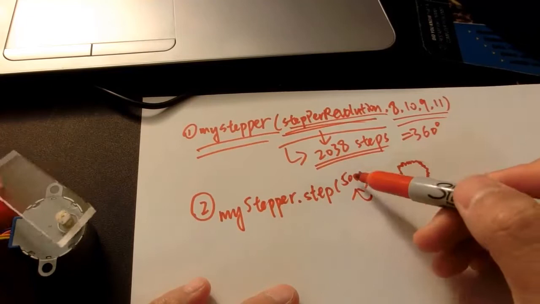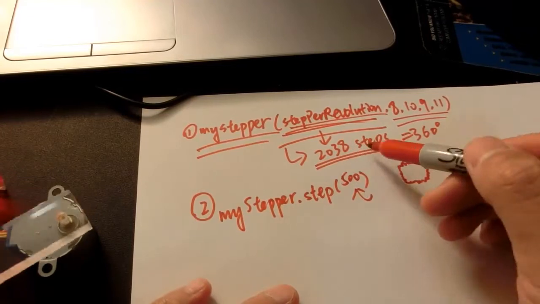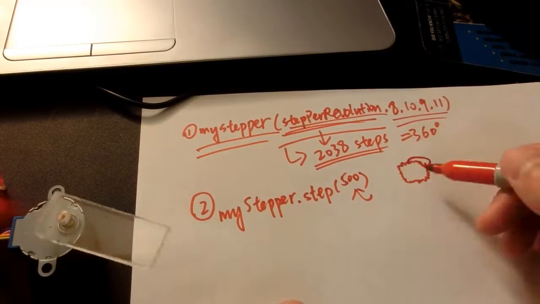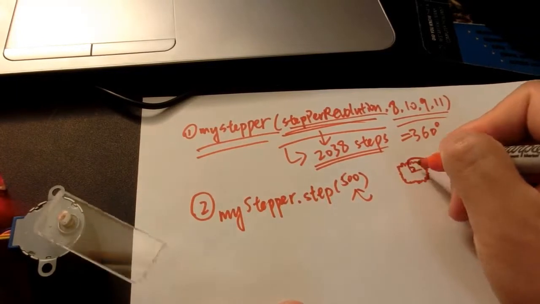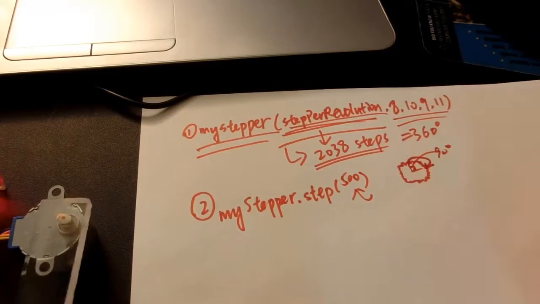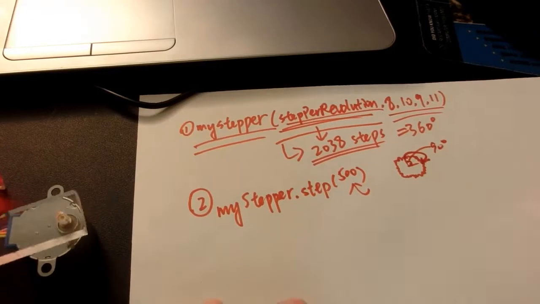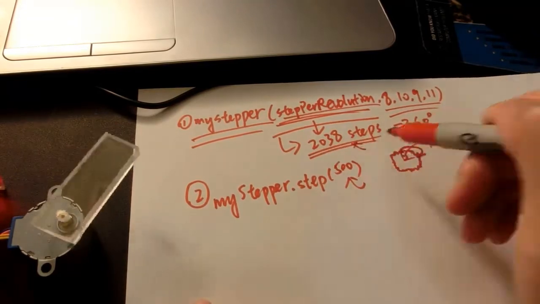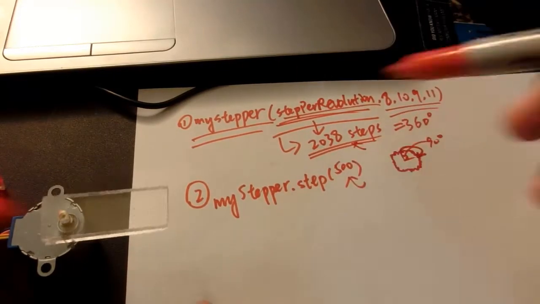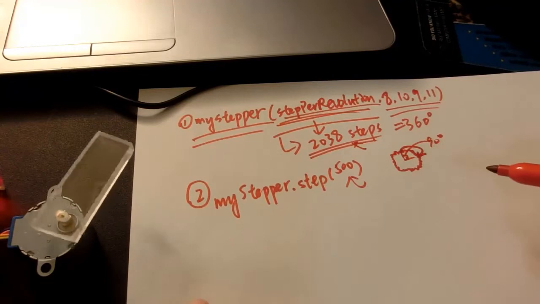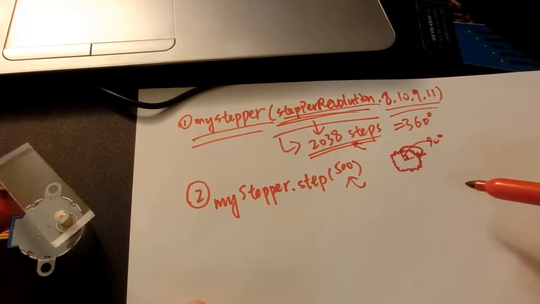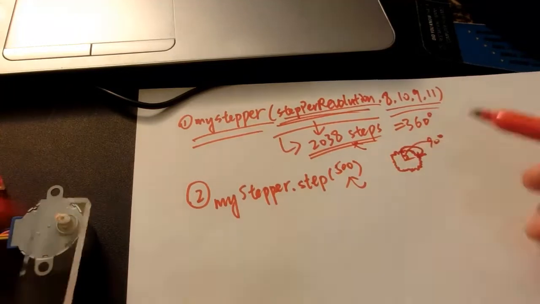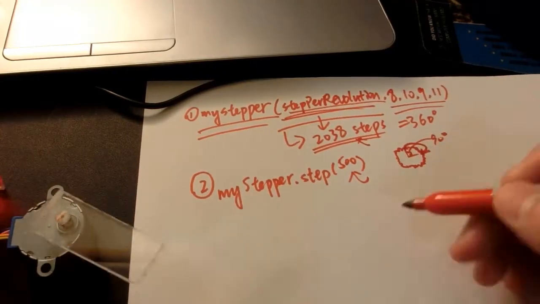So it's about a fourth of the total number of steps, so the step motor is going to rotate something around 90 degrees. It's not exactly 90 degrees, but it's going to be something around that. So given how many steps it has for one revolution, you are going to be able to control how many degrees you want the step motor to move, backwards or forward, doesn't matter, right?